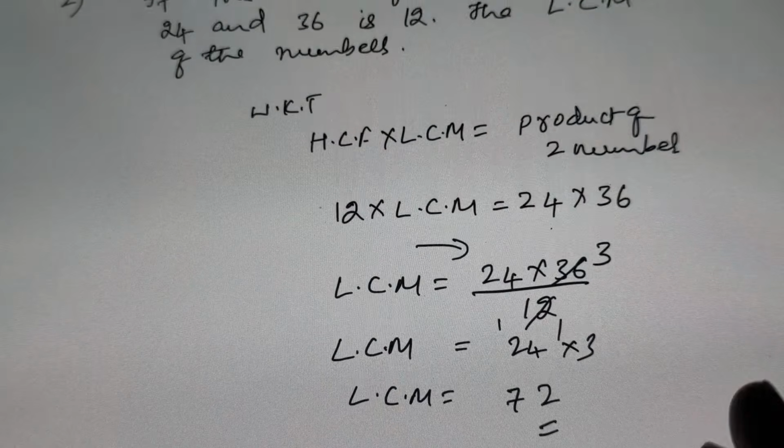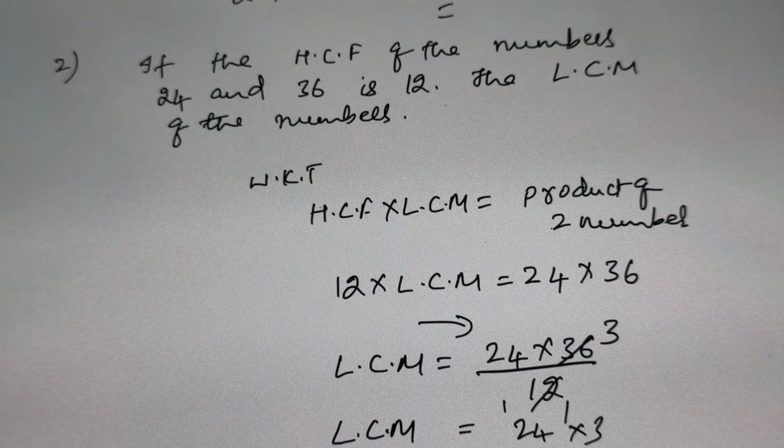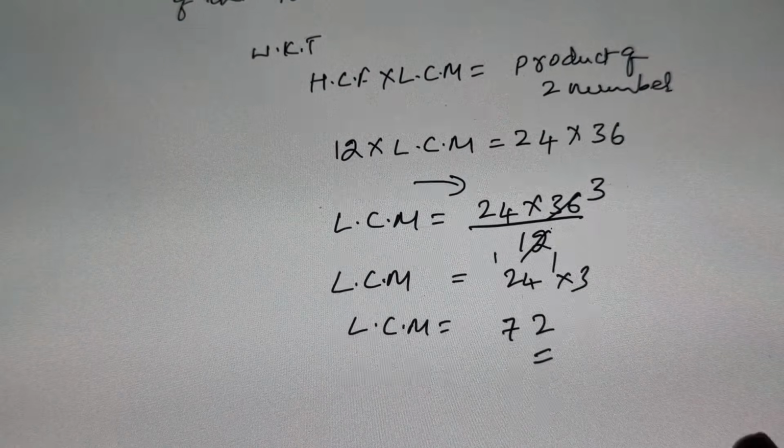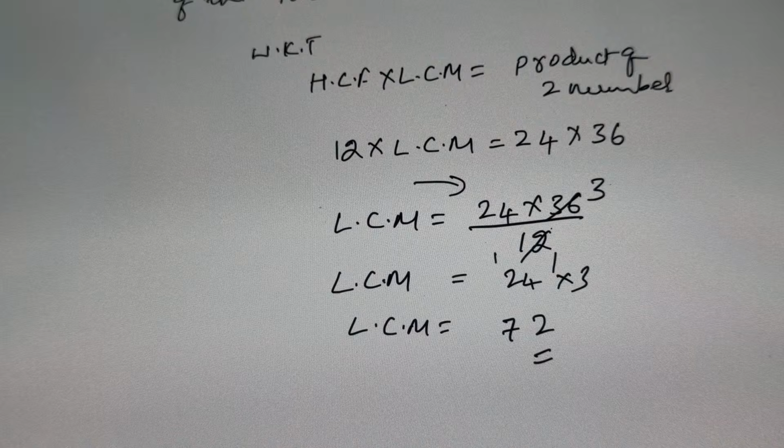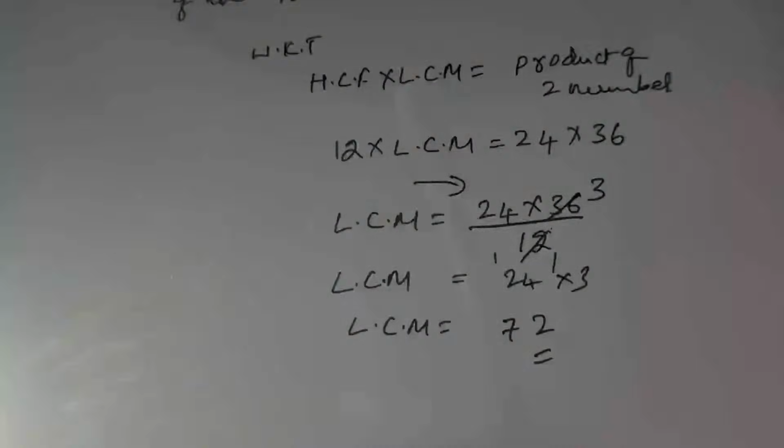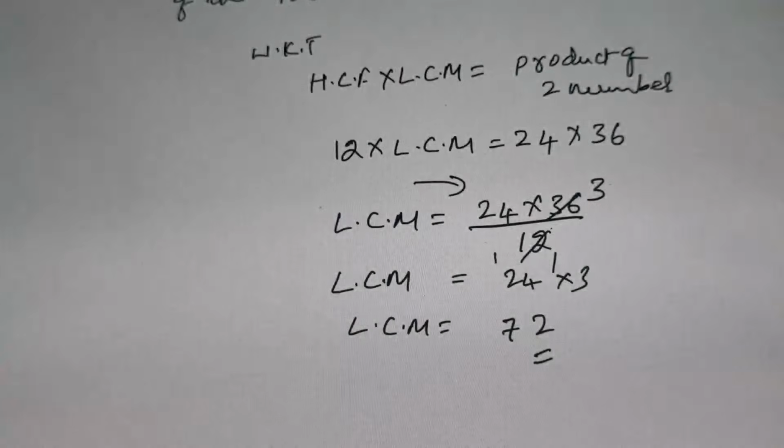So the LCM of the given two numbers 24 and 36 is 72. These questions were presented by some of the students. So we have to solve the questions and make sure we are helping them in their exams.